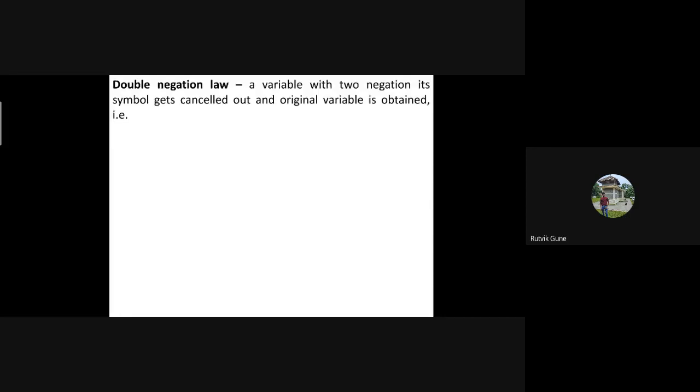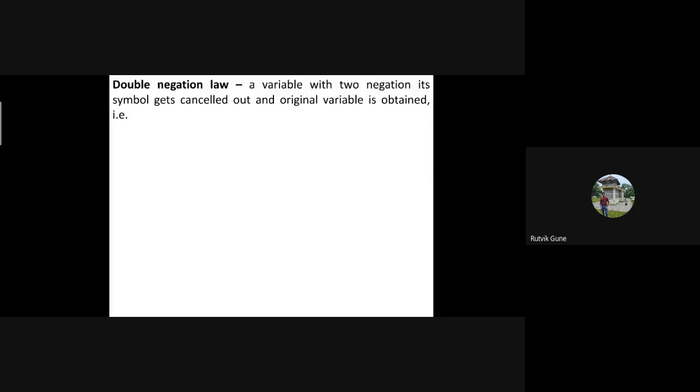Okay, the next law is the double negation law. The name itself says it is a double negation. A bar, the whole bar. A variable with 2 negations, its symbol gets cancelled out and the original variable is obtained.